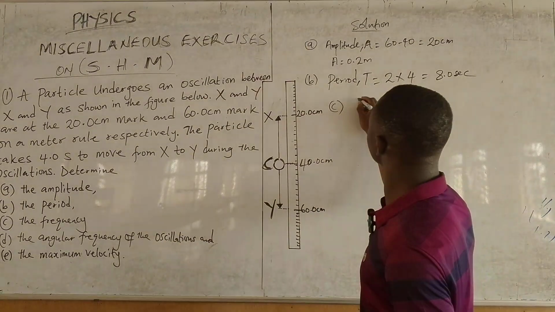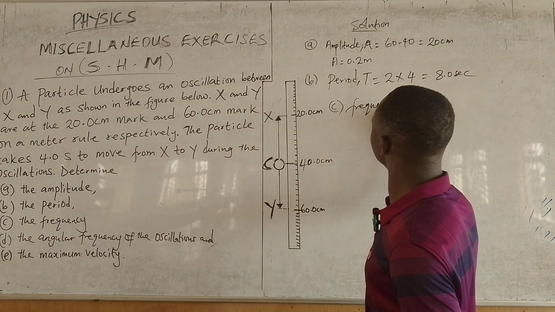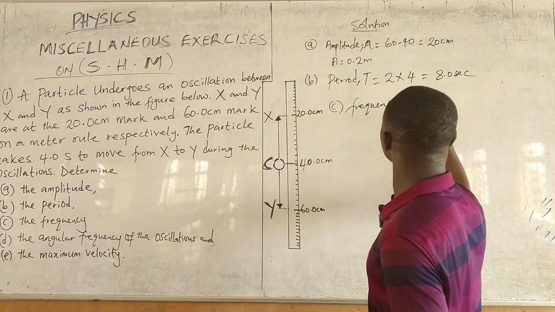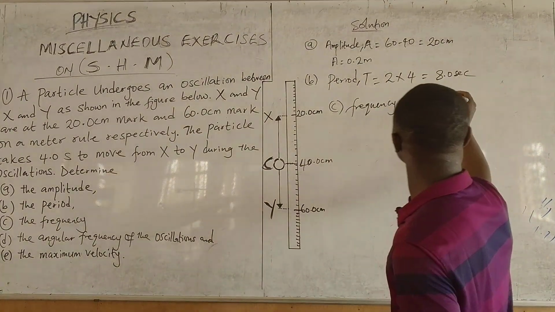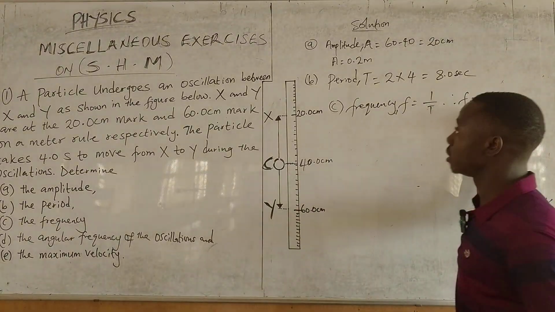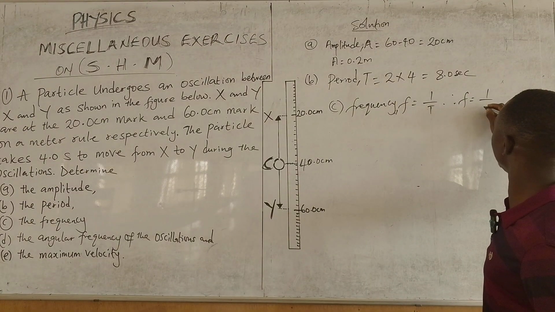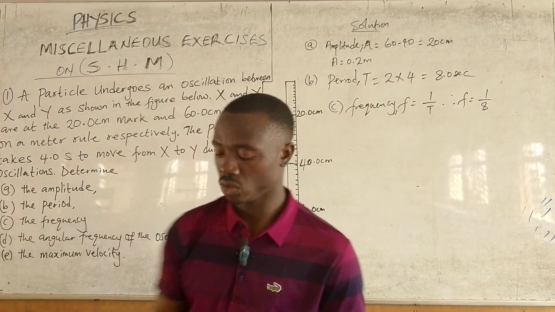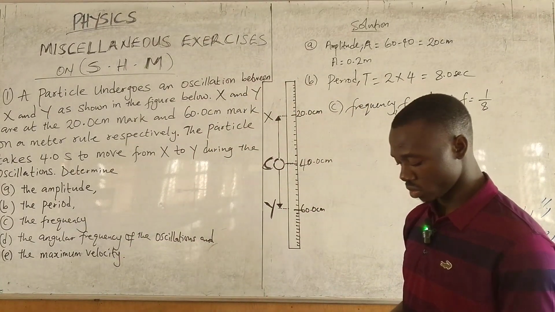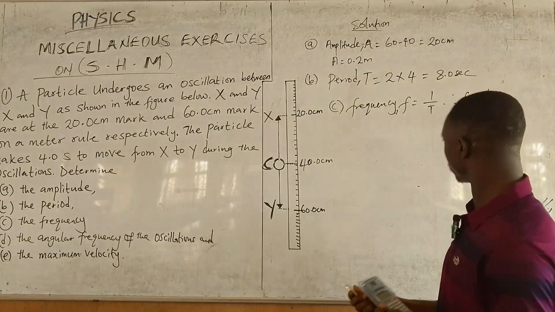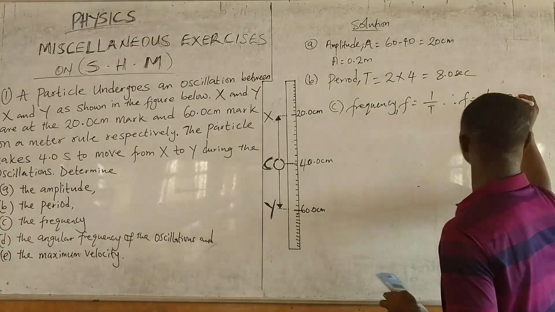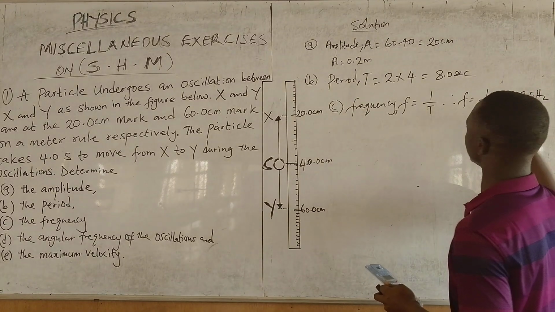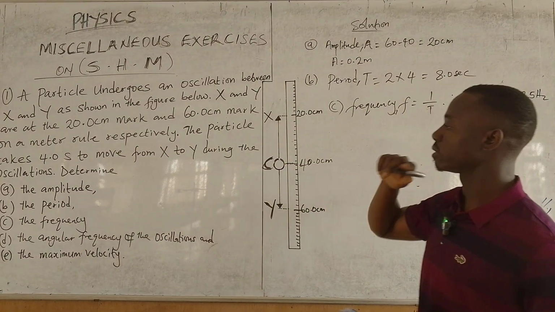So frequency F will be equal to 1 over T, and therefore F equals 1 over 8. So what is 1 over 8? 1 over 8 is going to give us 0.125 Hertz. So that's the frequency.